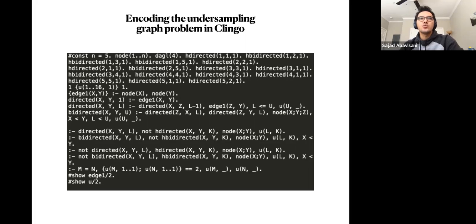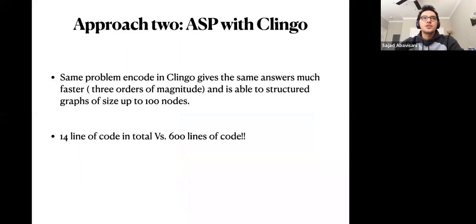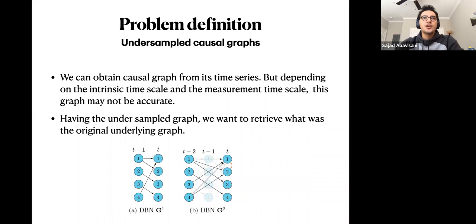One thing that I forgot to mention is that when we undersample the graphs, like here in part B, node 1 and 2 have a bidirected edge, and that's because they had a common factor that we can't see.